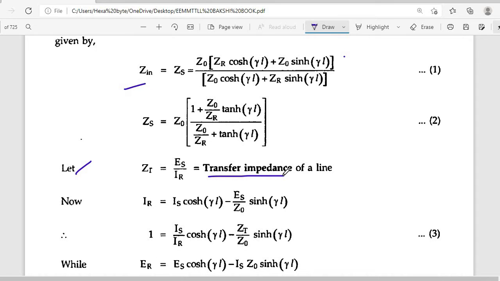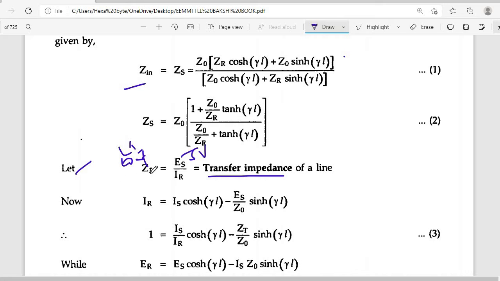Why are we calling it transfer impedance here? You have to observe here. Zr is a load impedance, but we are taking the source voltage, so they are at different terminals.